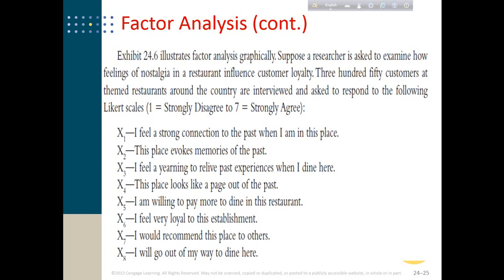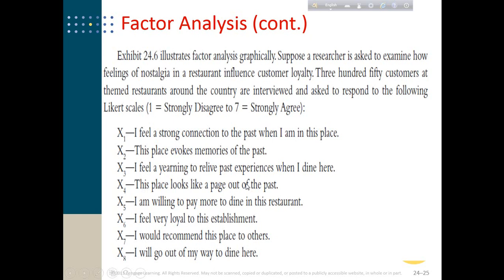Now, if you carefully look at these questions, although there are 8 questions, we can identify 2 major factors. For example, the first 4 questions, like I feel a strong connection to the past when I am in this place, this place evokes memories of the past, or I feel a yearning to relive past experiences, this place looks like a page out of the past.